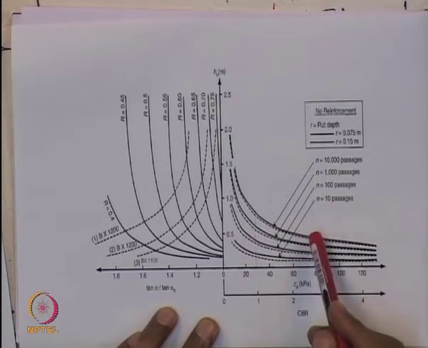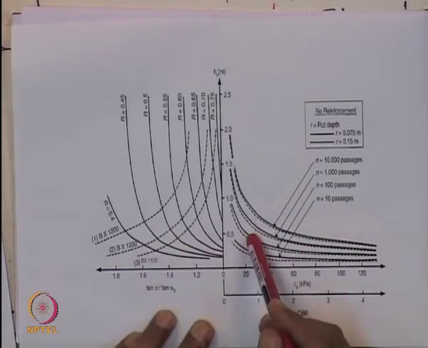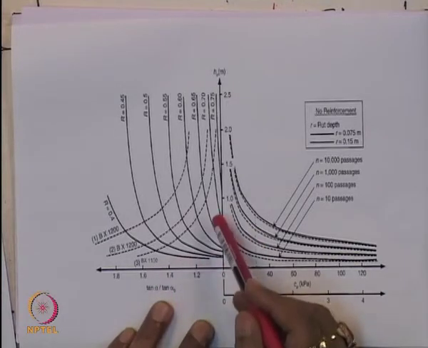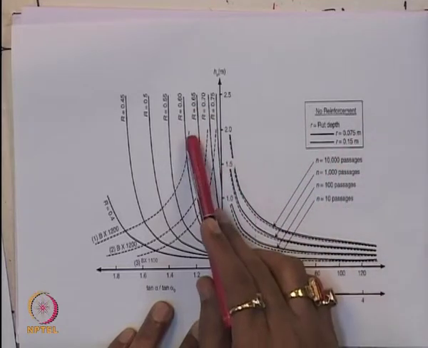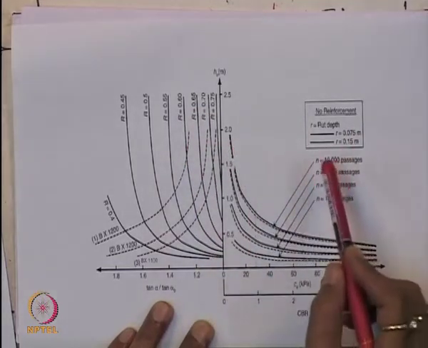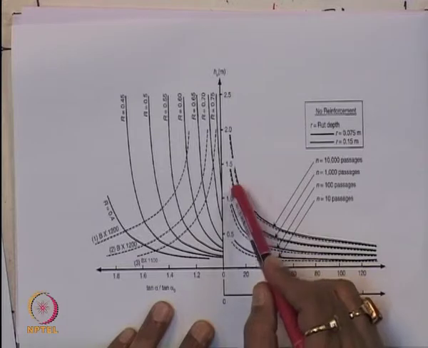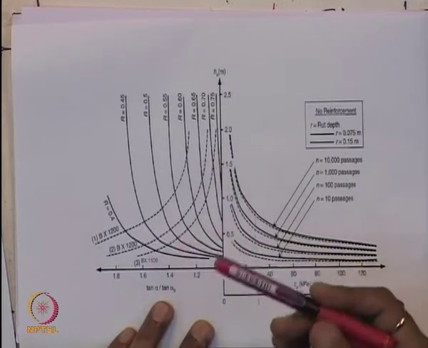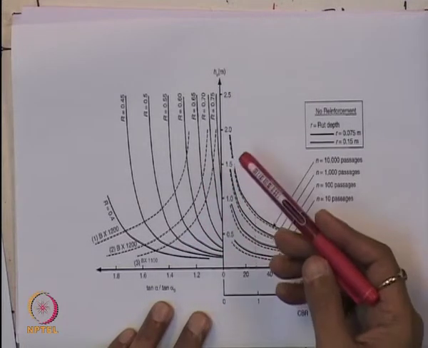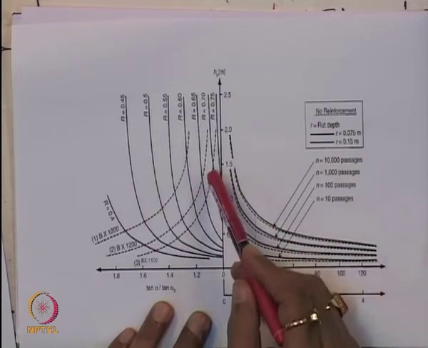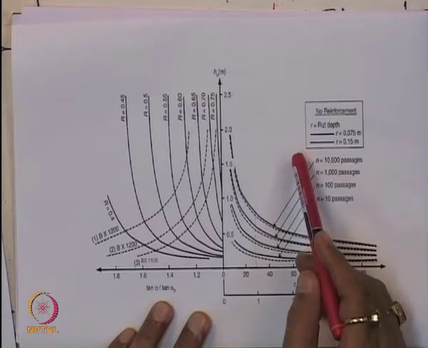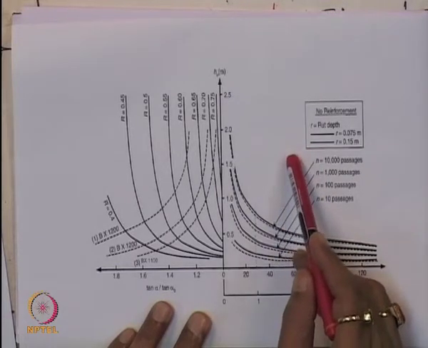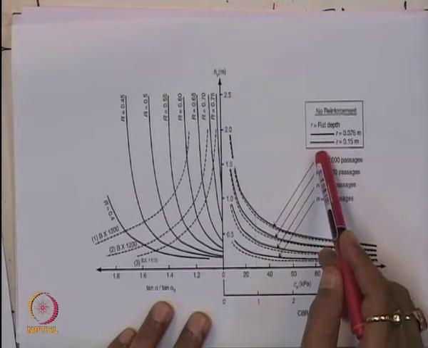So next, in the left hand side, you can see that this is R. R is nothing but H by H0. H is the thickness of the unpaved road with geogrid reinforcement, and H0 is the thickness of the unpaved road without geosynthetic material.